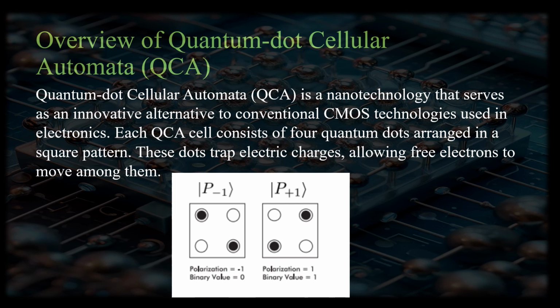Quantum dot cellular automata is a nanotechnology that serves as an innovative alternative to conventional CMOS technologies used in electronics. Each QCA cell consists of 4 quantum dots arranged in a square pattern. These dots trap electric charges, allowing free electrons to move among them.